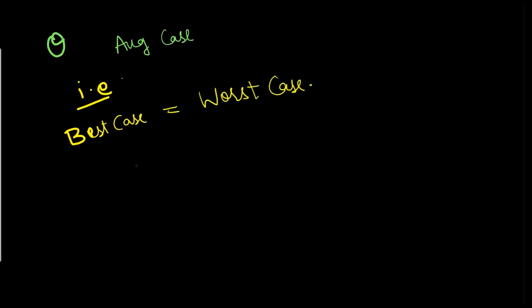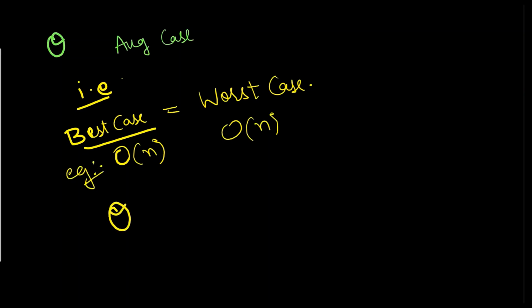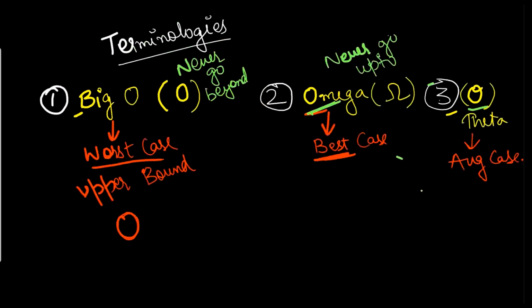That means we are writing an algorithm where the best case is order of n as well as the worst case is also order of n. In such a case, we use theta. So theta is always used when the best case is equal to the worst case. But in practice, we generally use big O, right?